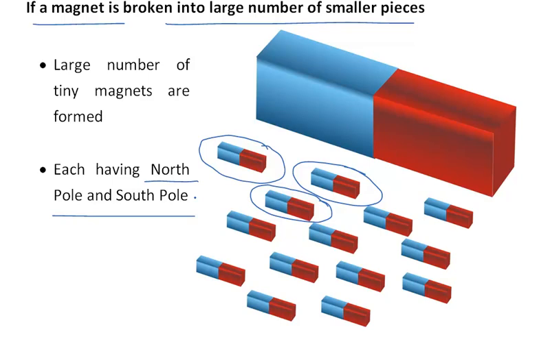This is the beauty of a magnet. Every time you have a magnet in hand, that magnet will always have north and south pole together. You can never find a magnet having only a north pole or only a south pole. Always, north and south pole exist together.